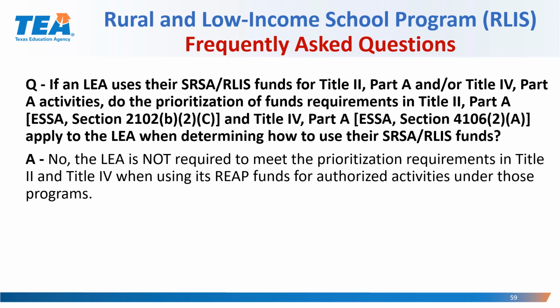And the answer is no. The LEA is not required to meet the prioritization requirements in Title II or Title IV when using its RLIS funds for authorized activities under those programs.